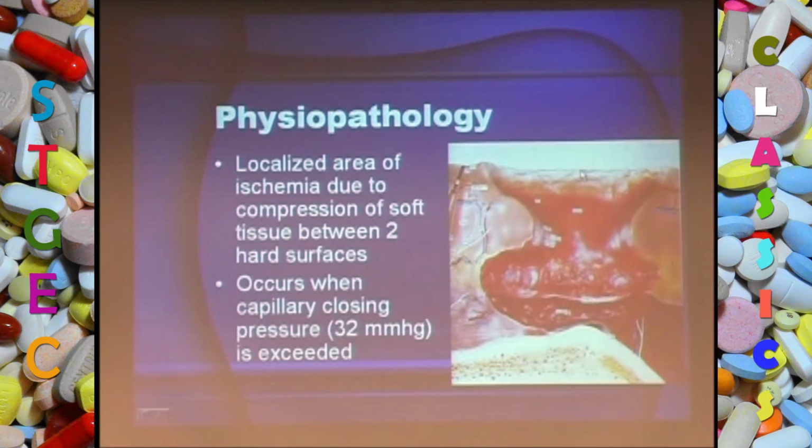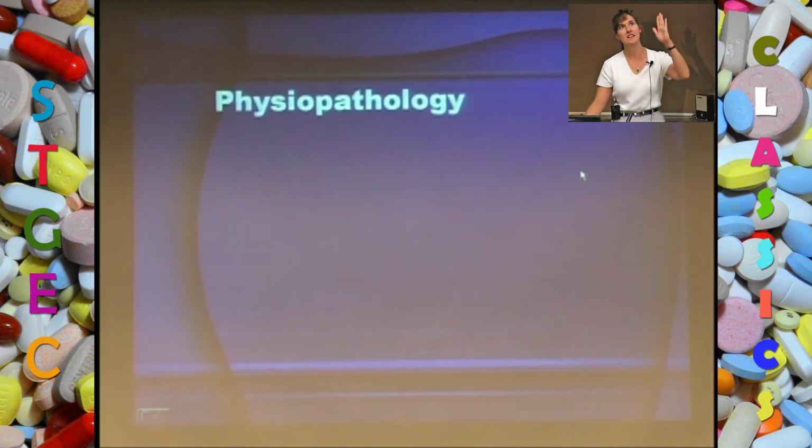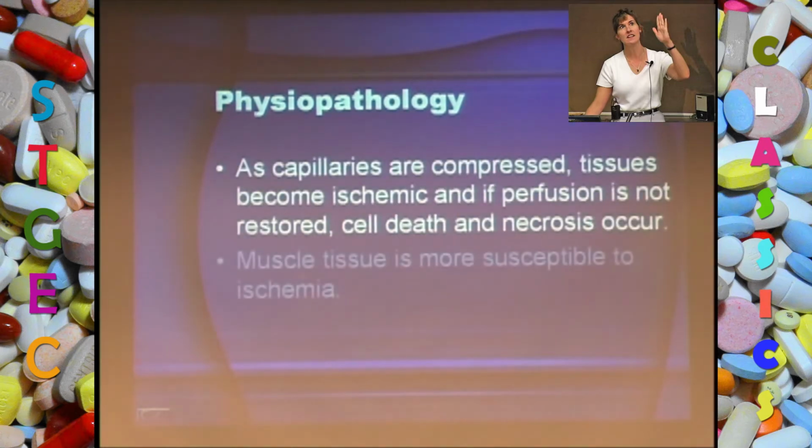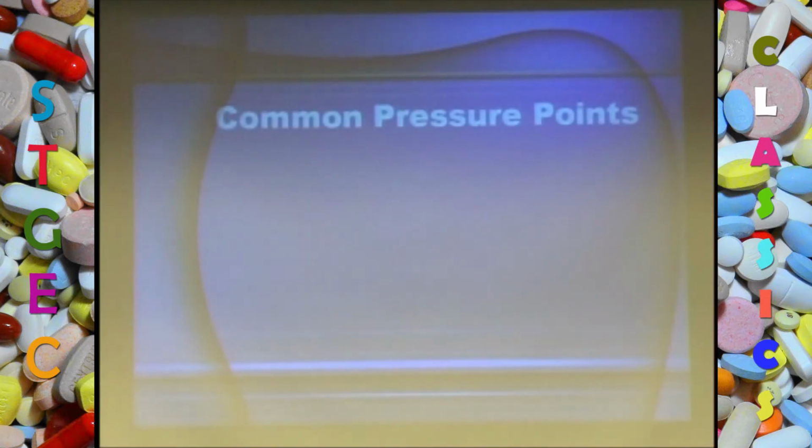And a lot of times we'll call that the tip of the iceberg. And when you see the tip of the iceberg, it's important to be aware that there's a lot more to it than meets the eye. And we've talked about this already. You'll also hear the term cone of damage, where you'll see this wound that at the surface might be smaller than it is at the bottom. And these are your typical stage 3 and stage 4 pressure ulcers.